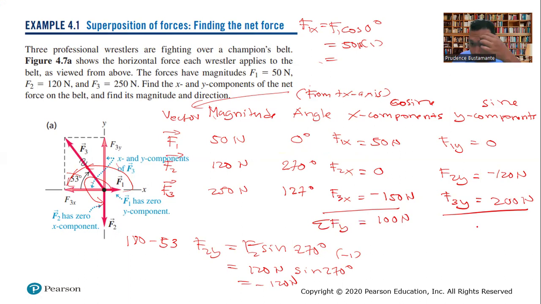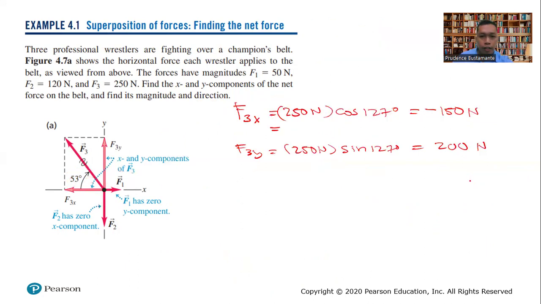And then sa x natay mabilin nga 80 Newton, the net force along x. So, 120 minus 200. Okay.